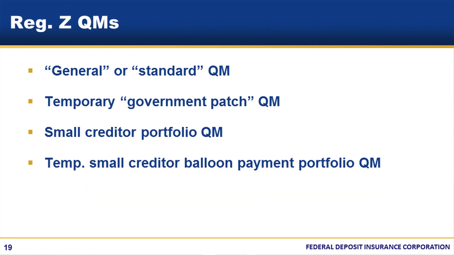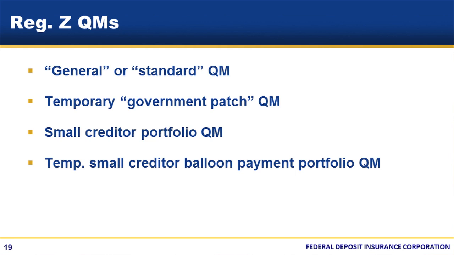We will not focus on the rural underserved balloon QM because there is no requirement that the small creditor primarily serve rural or underserved counties in order to be eligible to make balloon loans until January 10, 2016.